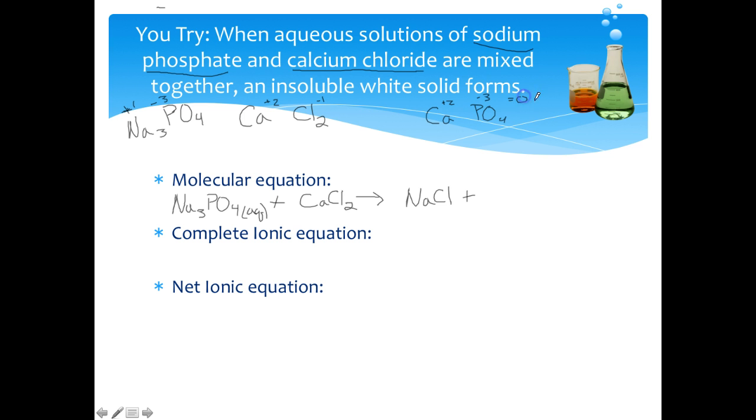I need to get it to equal 0. So that's going to mean I'm going to need 2 of these, and I'm going to need 3 of these. So my formula will be Ca3 parentheses PO4 2.